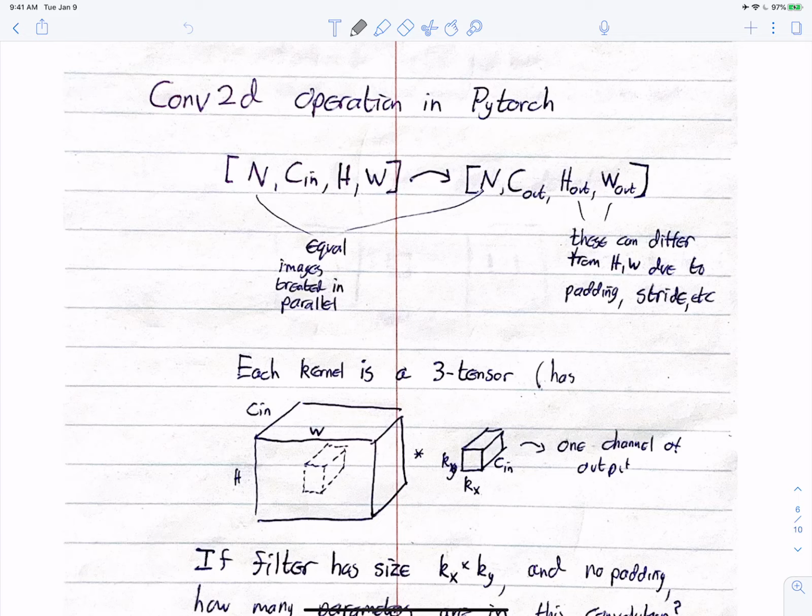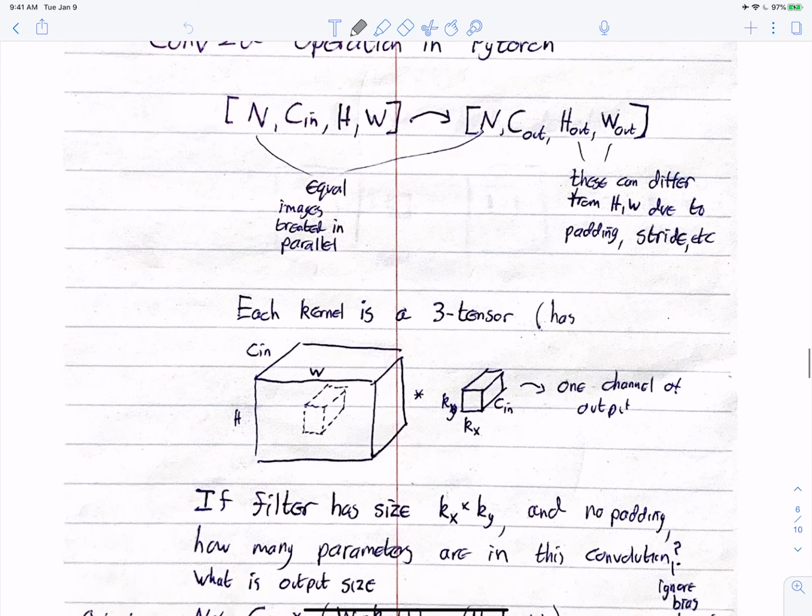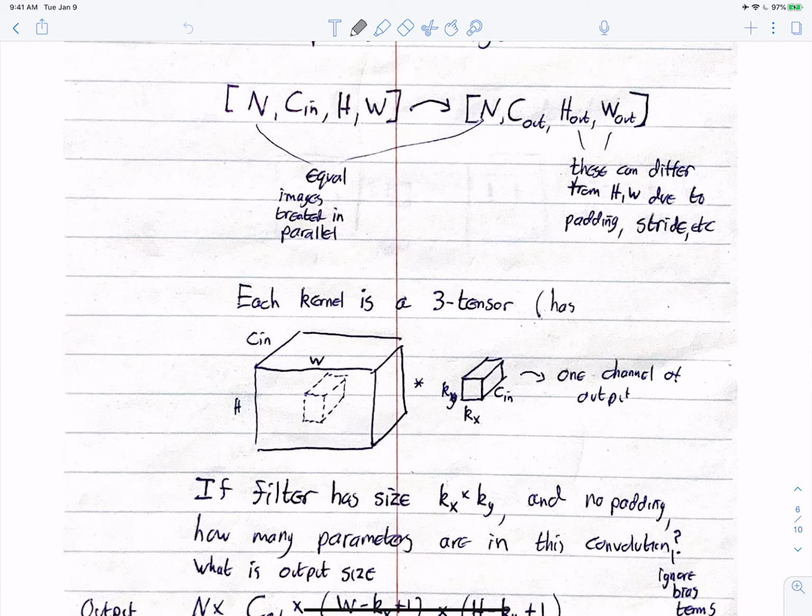So what is the filter in this case? The filter is really a 3-tensor. It's going to have three dimensions: a height, a width, and a depth, and depth we should think of in terms of channels. Let's zoom into just a single image in our batch, and remember that all images in the batch are treated in parallel.